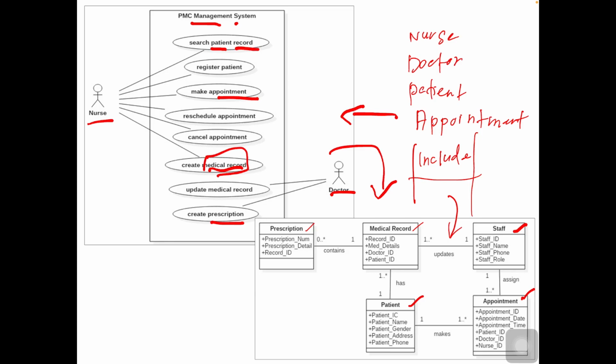In this example, we have nurse and doctor, but here we have only staff. So during the identification of nouns, you need to decide whether to put them in different classes or in one class. In this example, we put them in one class and identify nurse and doctor as one thing, staff.